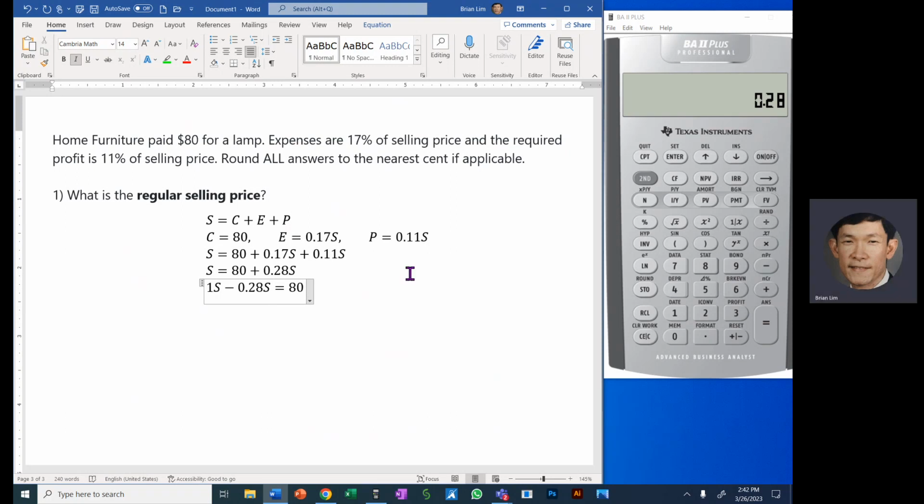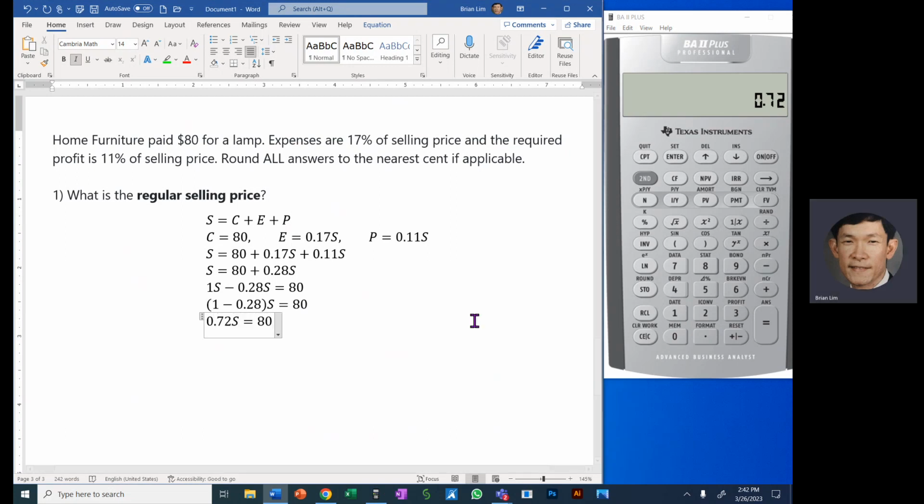And we can make this into 1 minus 0.28 times S is equal to 80. Now we go down here, and actually we could just make this negative if we wish, and then add 1. That's one way of doing it. And we get 0.72 S.